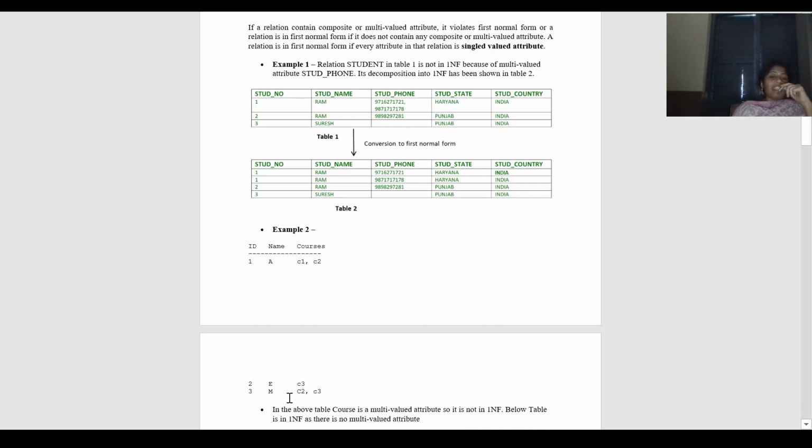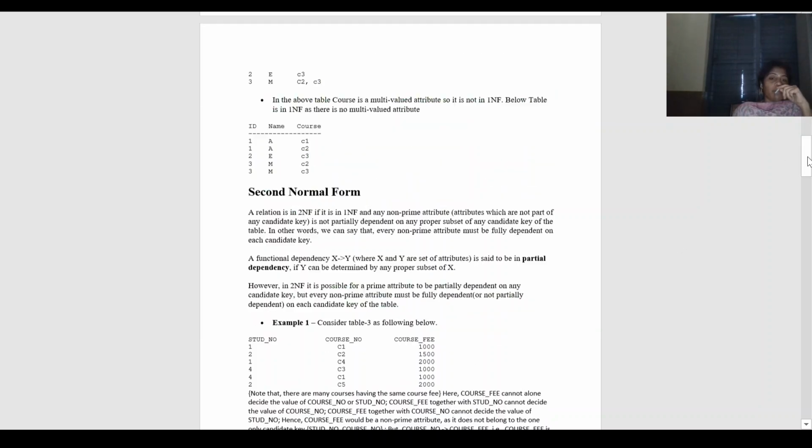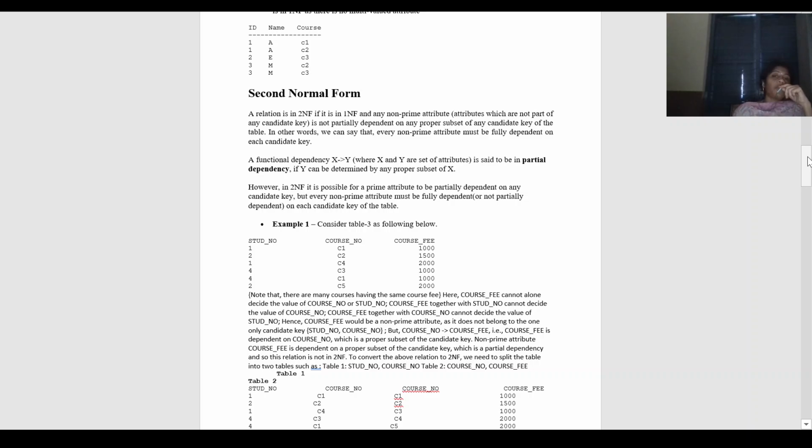ID number 3, name M, did courses C2 and C3. Here ID number 1 and ID number 3, these two IDs have two courses, so this should be converted into first normal form, so that we split the values into different rows.